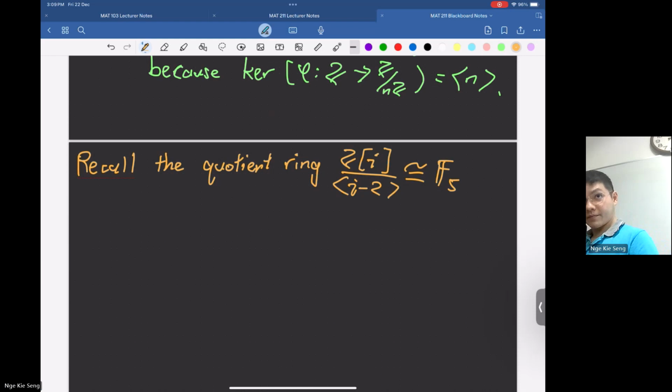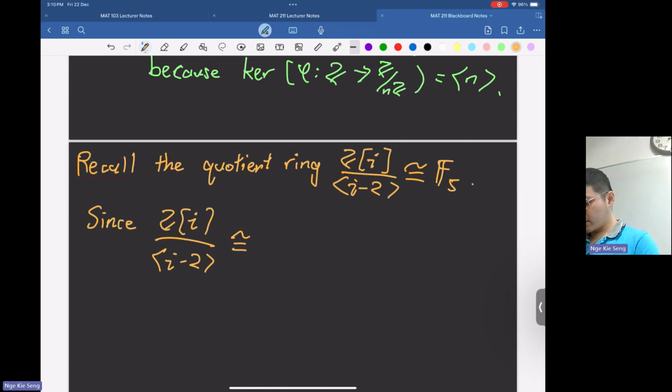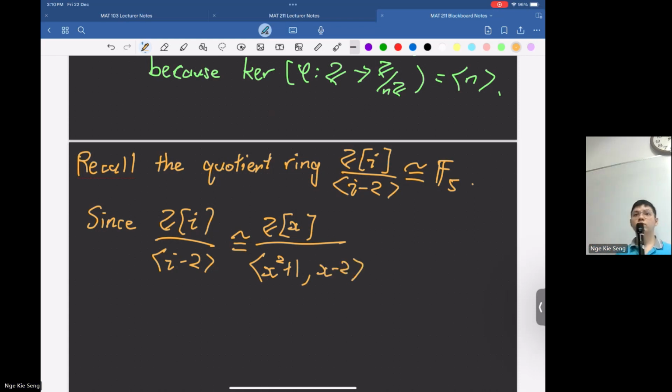How do we show this? One way is to rewrite the ring Z[i] over (i minus 2). This ring is actually isomorphic to Z[x] quotient by x squared plus 1 and then quotient by x minus 2, because i is the root of x squared plus 1.